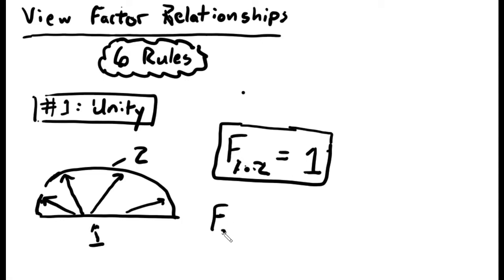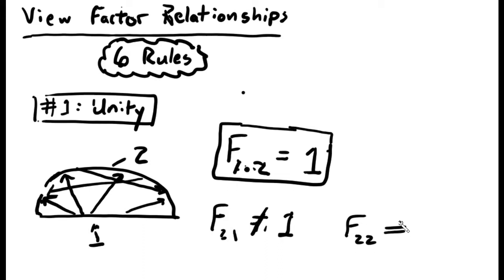But don't be confused. F2,1, so the view factor of heat leaving 2 that will hit 1, is not 1. And that's because heat leaving 2 doesn't necessarily have to hit surface 1. It can hit itself, which means surface 2 does have a view factor with itself that is not 0.